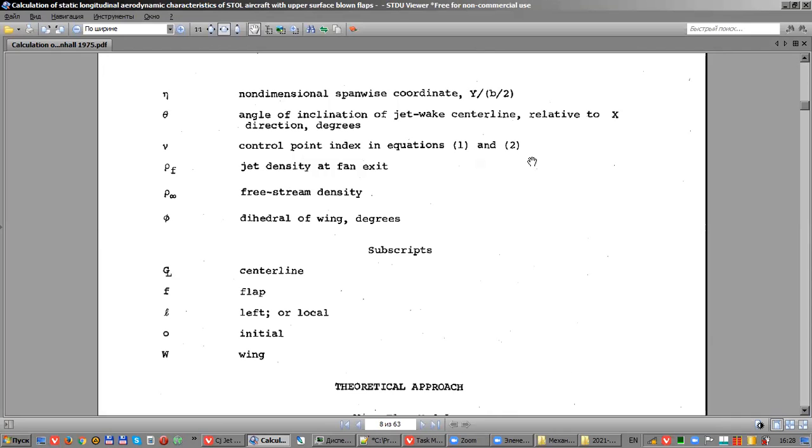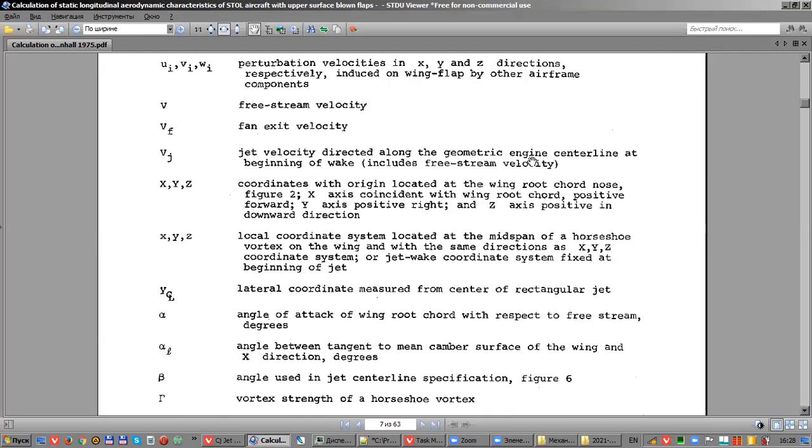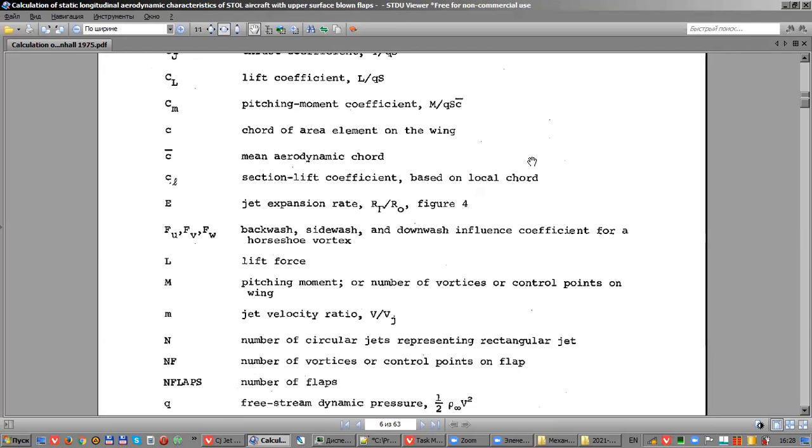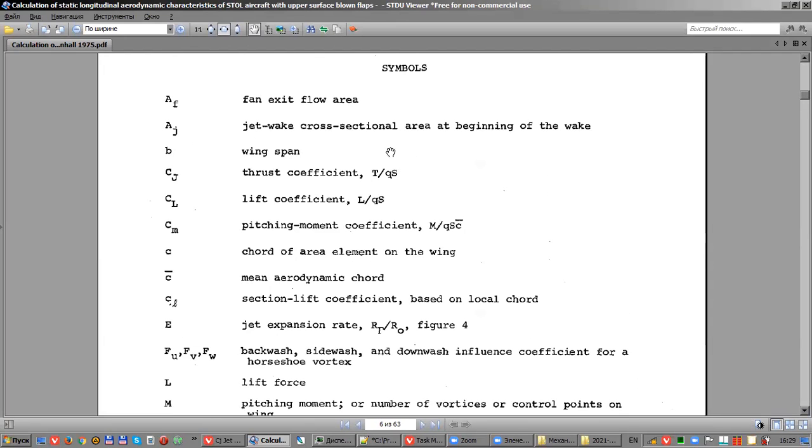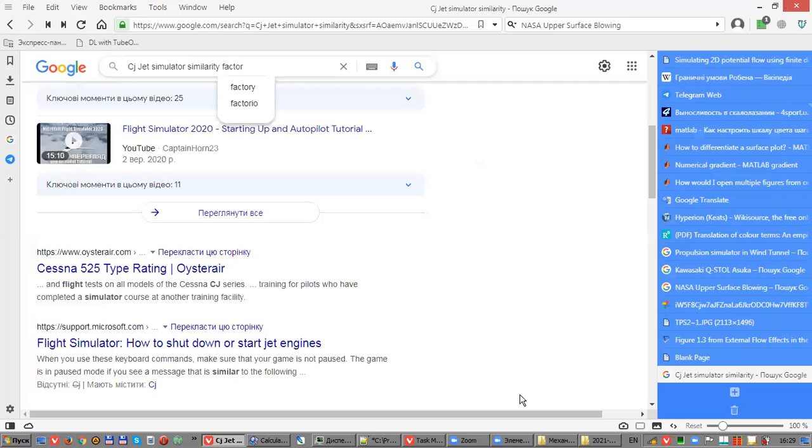Or just properly give a name to this factor. CM, CG, what? Thrust coefficient, T by QS. So they exactly use the same formula. So this CJ is exactly equal to that formula for B. Yeah. But C mu is another similarity factor, and I don't need to relate them to each other.